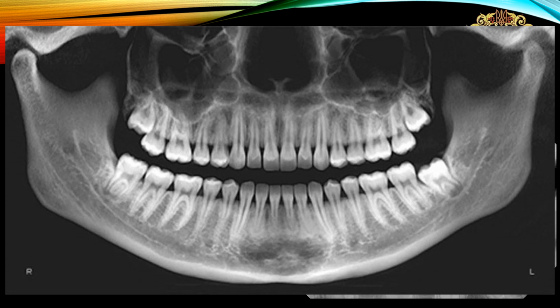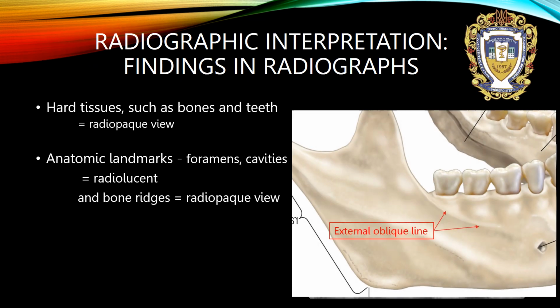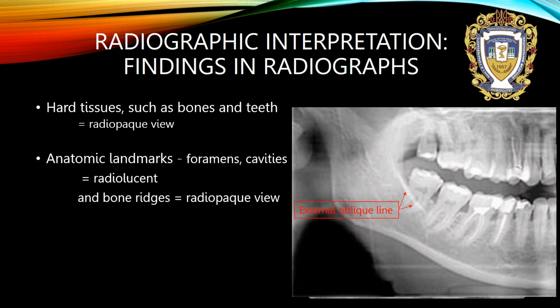Why? Because bone is more thick. Oh, sorry, more thin. No, thick. More thick. Like here. It is an anatomical structure, the external oblique line.